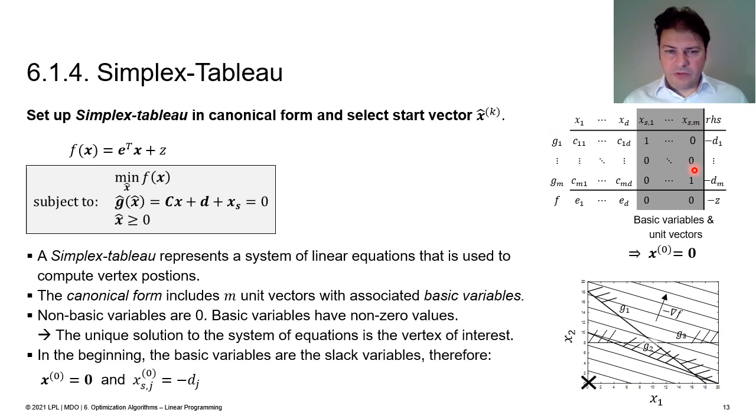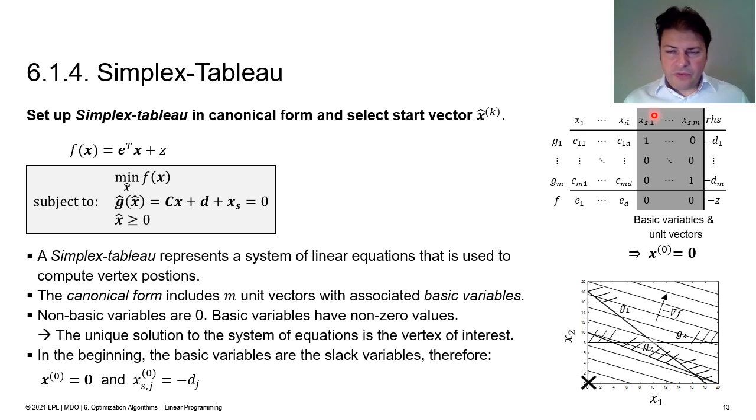And those variables that are associated with those unit vectors will be called basic variables. Basic variables will change, and for example, x_d can turn into a basic variable, but if it is a basic variable, it will also have a unit vector here. How this is done, I will show you in a second.